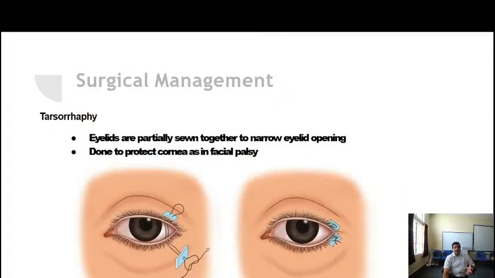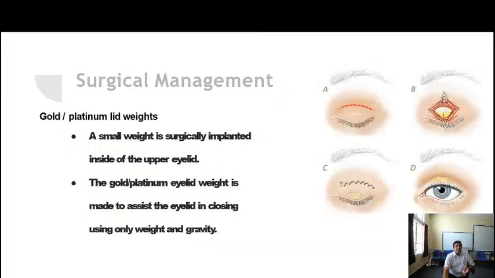Then you have the tarsorrhaphy, either medial or lateral tarsorrhaphy, to reduce the space between the upper and lower eyelids, so that damage to the cornea is minimized. Then gold and platinum lid weights are placed.